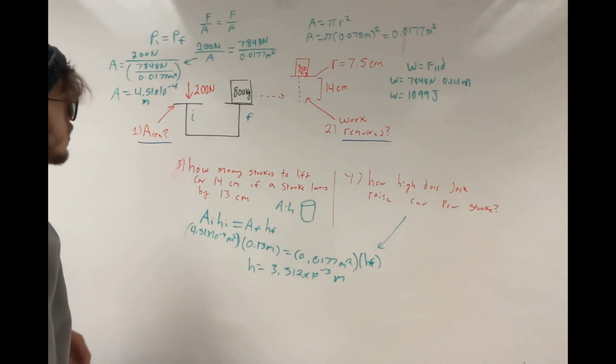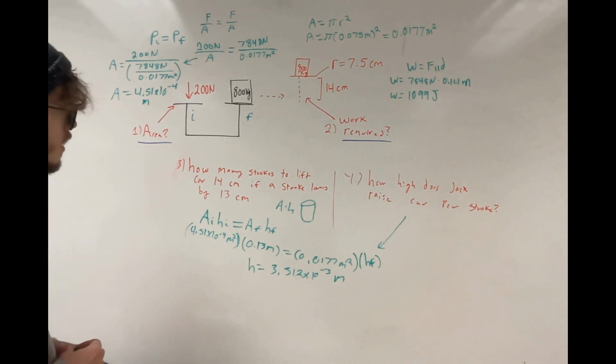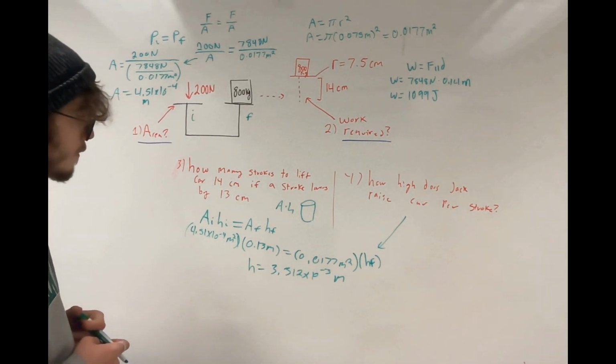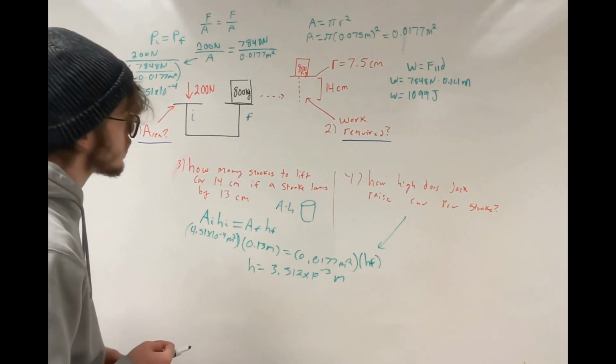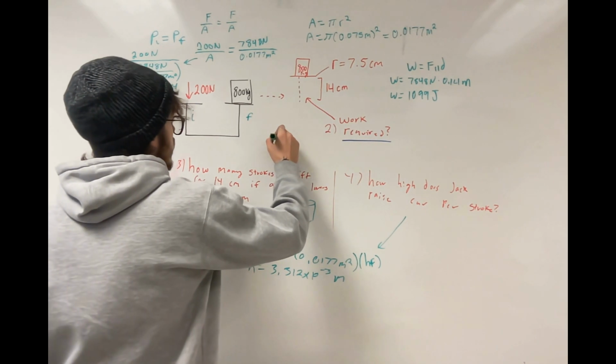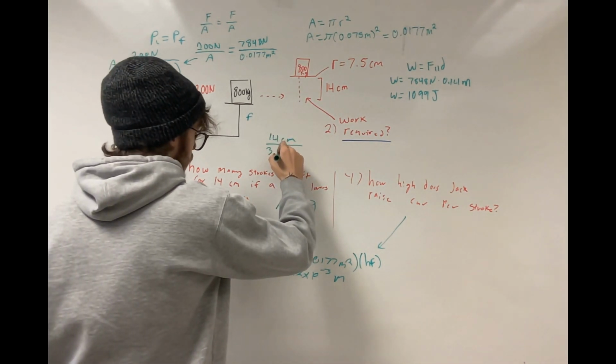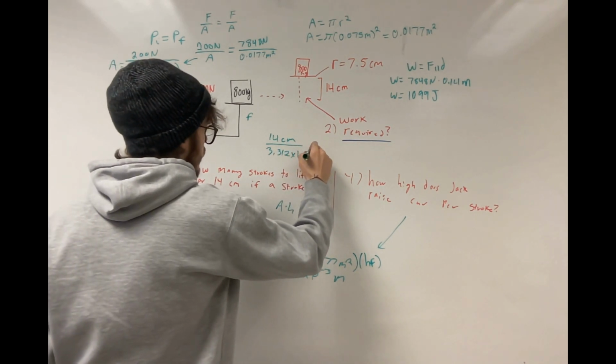So how many strokes to lift the car 14 centimeters if a stroke is 13 centimeters? If the jack is gonna raise by this much, we can just do a simple calculation where we take 14 centimeters and divide that by the 3.312 times 10 to the negative 3 meters.